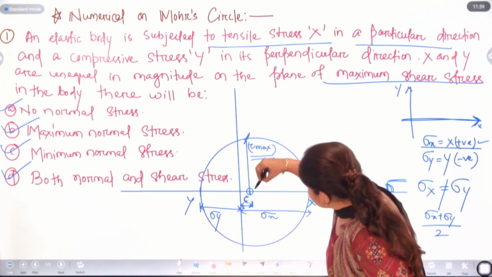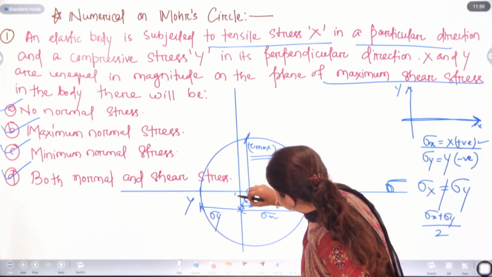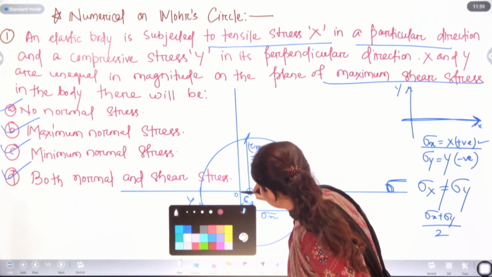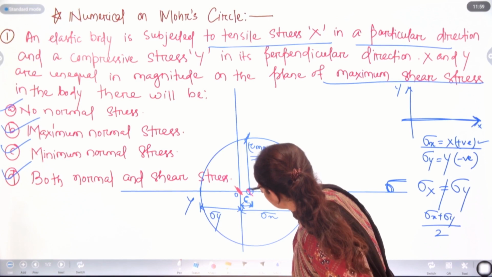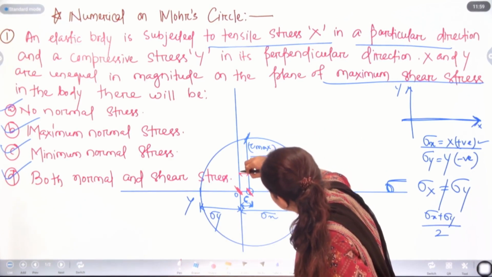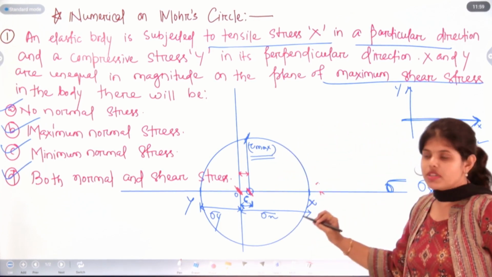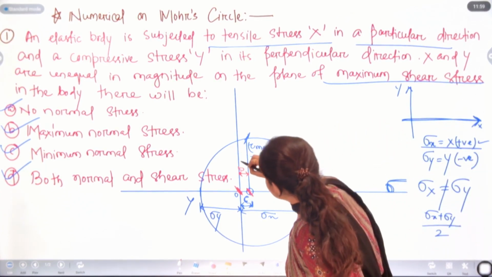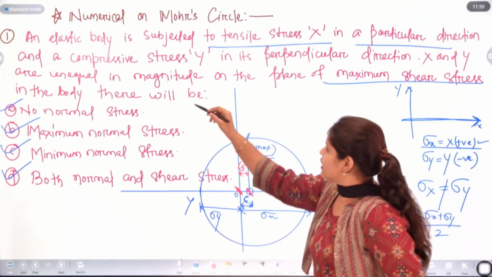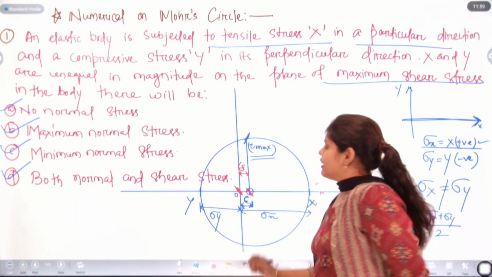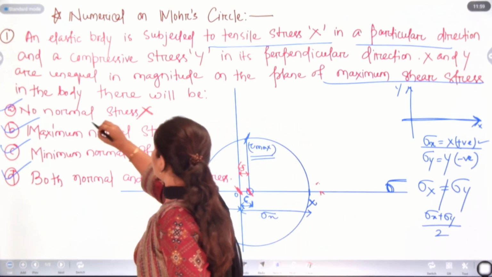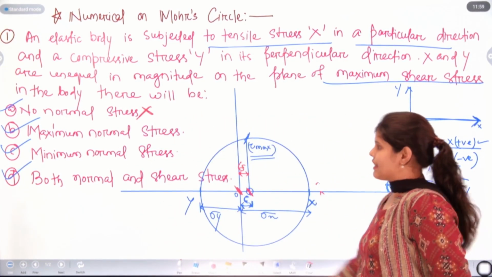So you can see the shear stress point and the center point. From this point to this point, there will be some value. That means there will be some normal stress. Let's take that as sigma n. So our first option, no normal stress, will be cancelled.